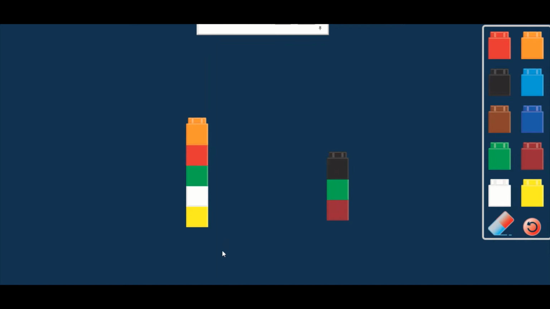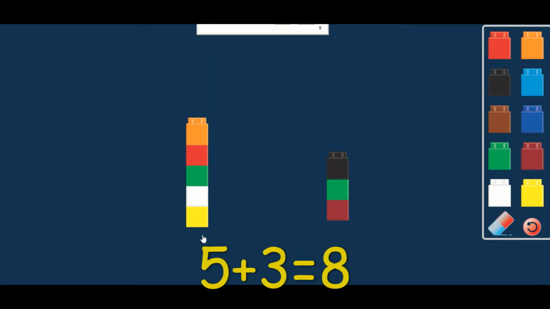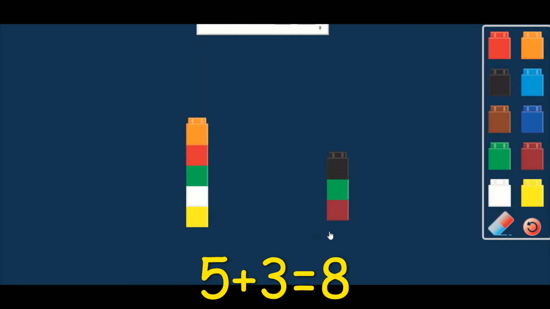So as opposed to starting all over and counting these 5, the child already knows that you have 5 here, so they start with 5 and then count on. So this would be 5, 6, 7, 8. So we know that 5 plus 3 equals 8.